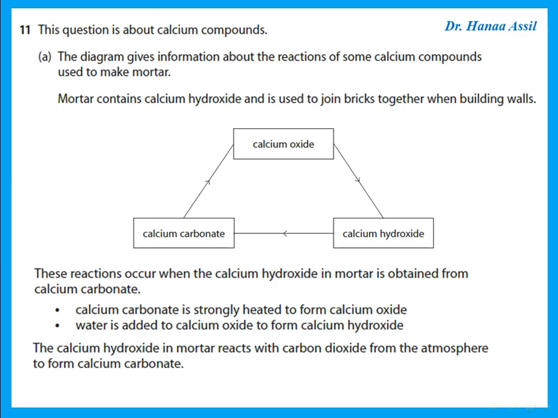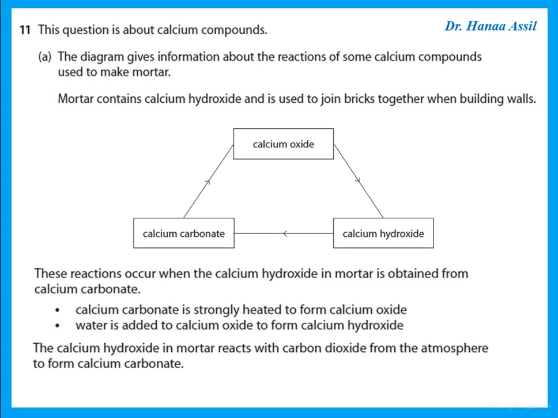This question is about calcium compounds. The diagram gives information about the reactions of some calcium compounds used to make mortar. Mortar is something like cement. Mortar contains calcium hydroxide and is used to join bricks together when building walls. These reactions occur when the calcium hydroxide in the mortar is obtained from calcium carbonate.